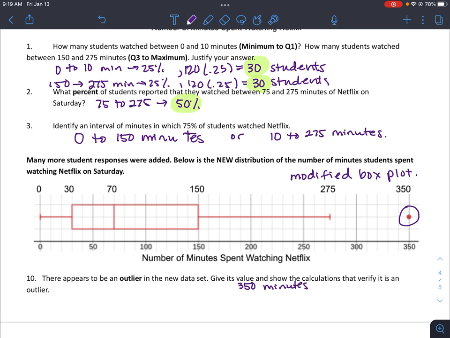All right, so to determine an outlier, we do the IQR, which is Q3 minus Q1. That's the 2 ends of the box. It's 150 minus 30. So the IQR is equal to 120.